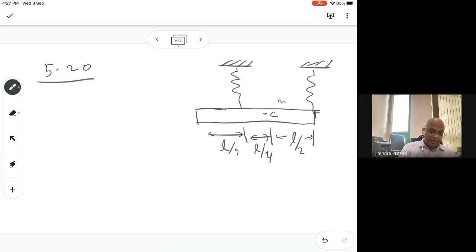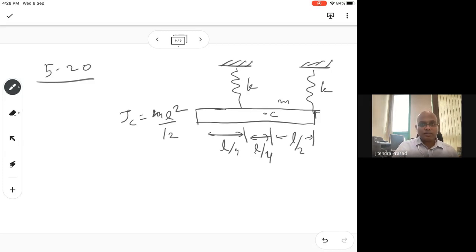Then M, K, and then JC, the moment of inertia about point C, which is in the middle, the center of mass, equal to M L square over 12. Okay, so this is the question.